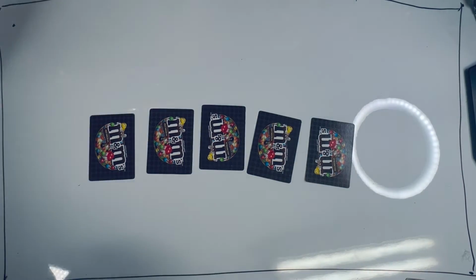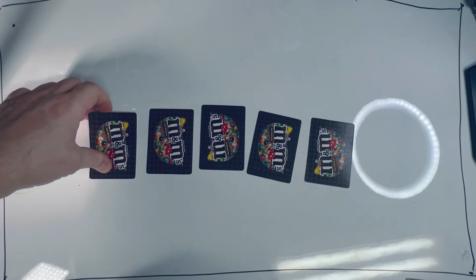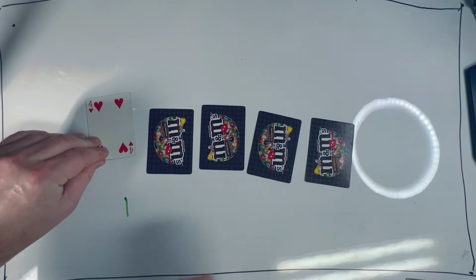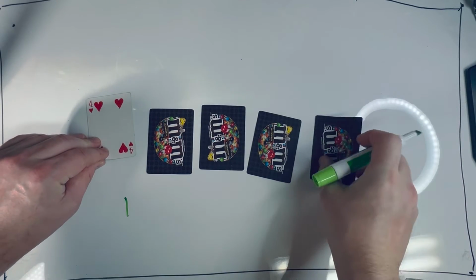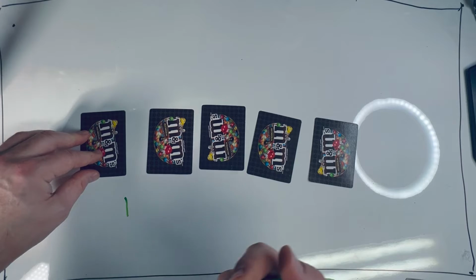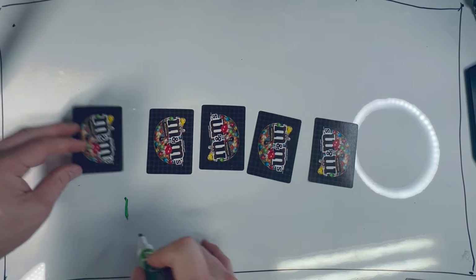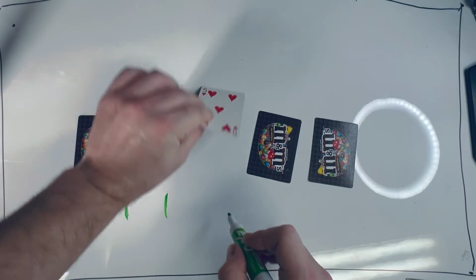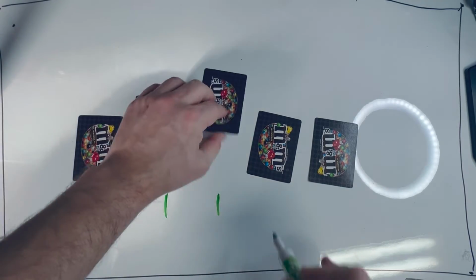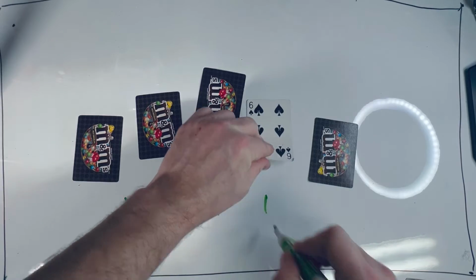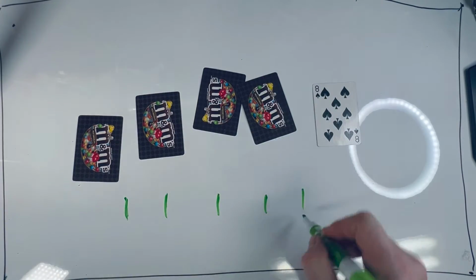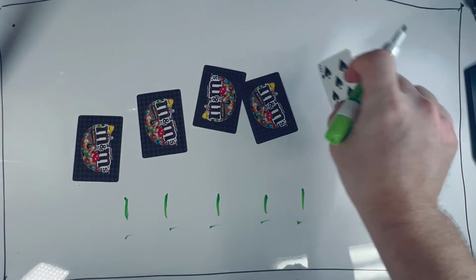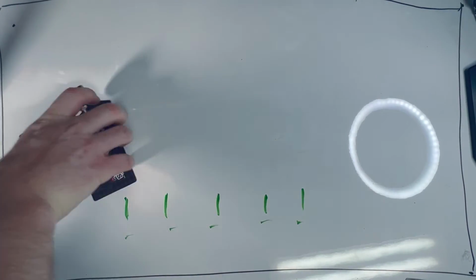So, again, finding a 4, worst case scenario, 1 card I had to flip, and I found a 4. Let's find an 8. I flipped the first card. Nope, not an 8. Nope, not an 8. And I'm ticking every time I do this flip. That's a 6. That's an 8. 1, 2, 3, 4, 5. Linear.